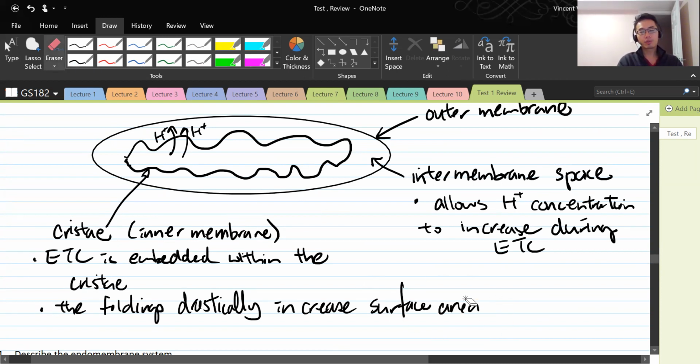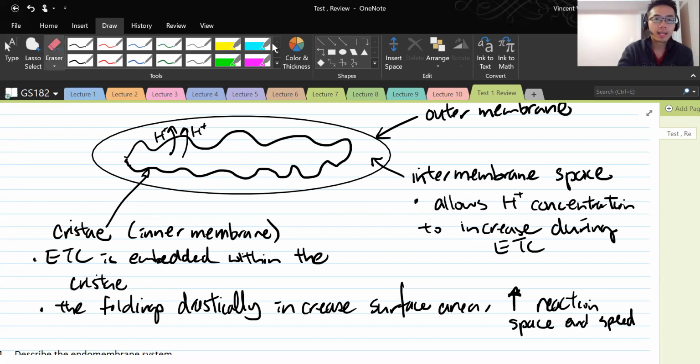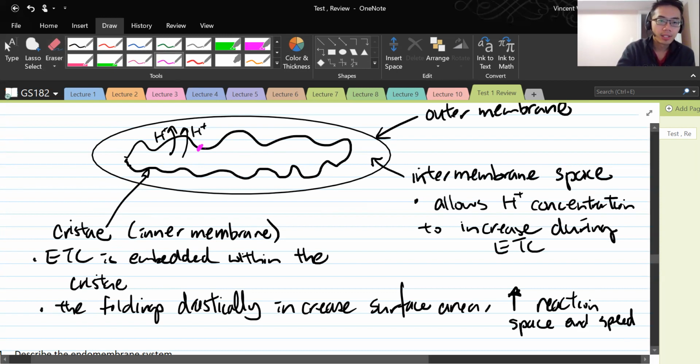And by increasing the surface area, you increase reaction space and speed. Right? So you can pack a lot more ETC in the cristae, right? So like there's an ETC, there's an ETC, there's an ETC, right? And then you might have the ATPase here like that. So you can pack a lot more of the ETC if you fold it up.